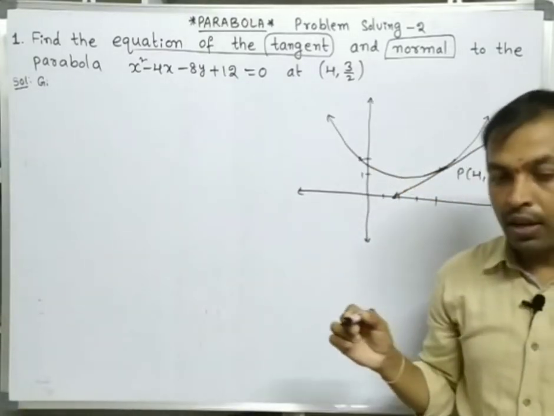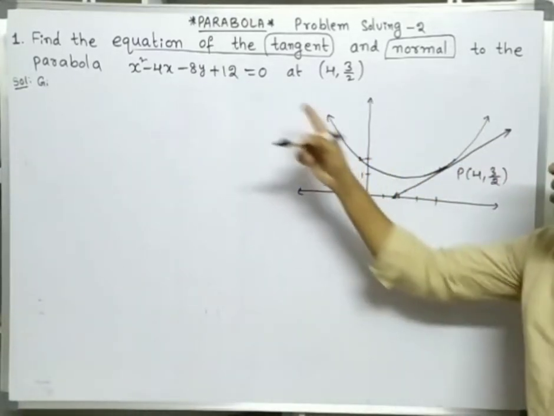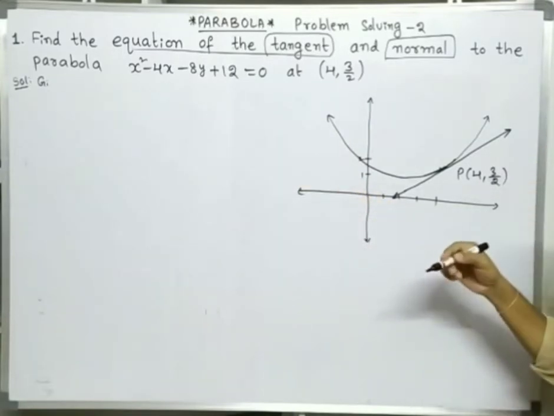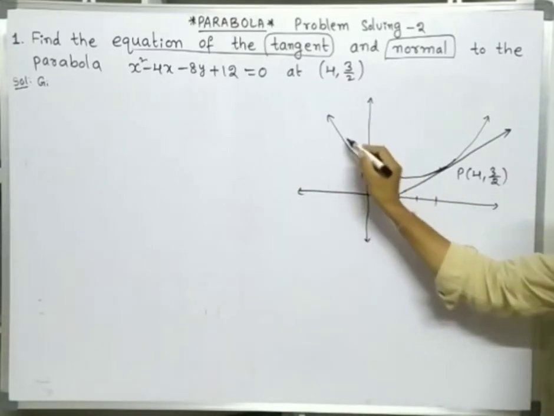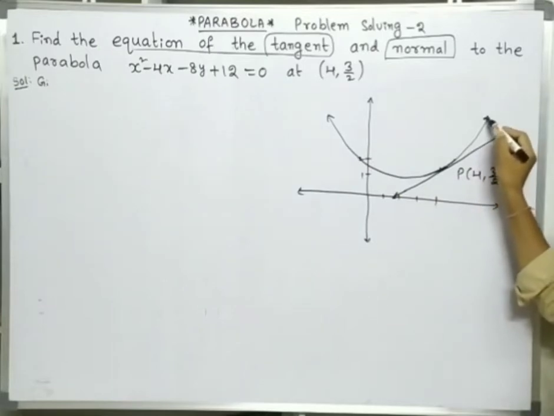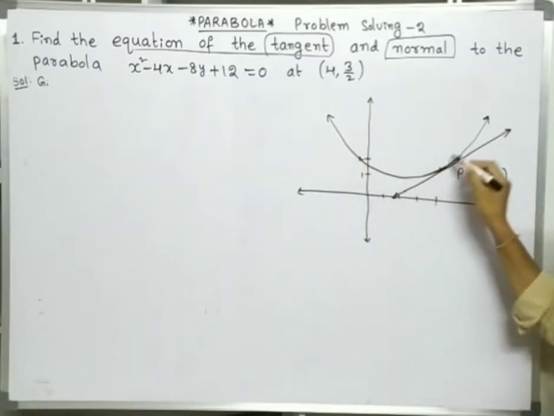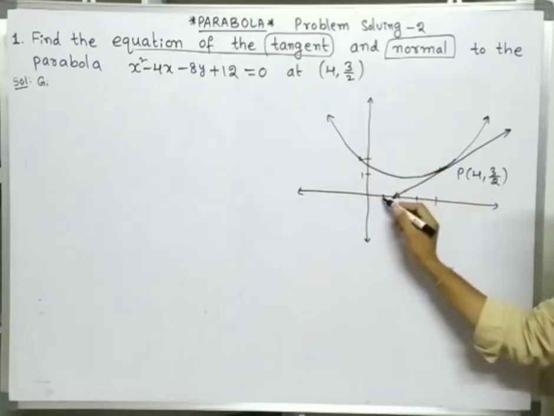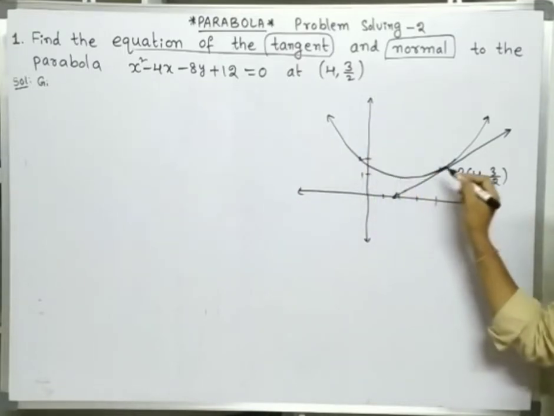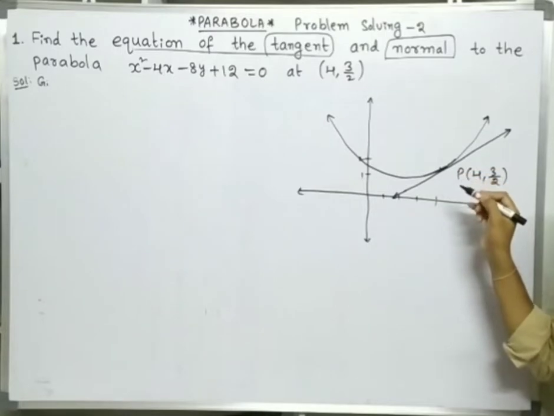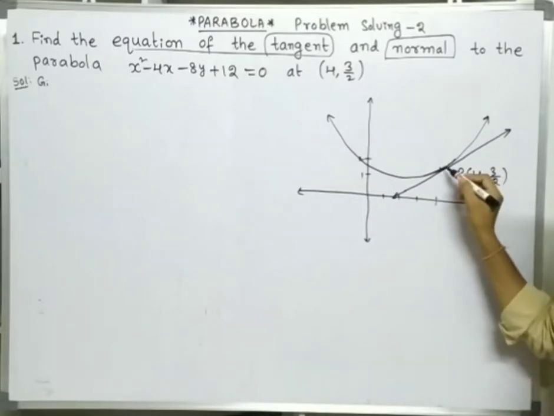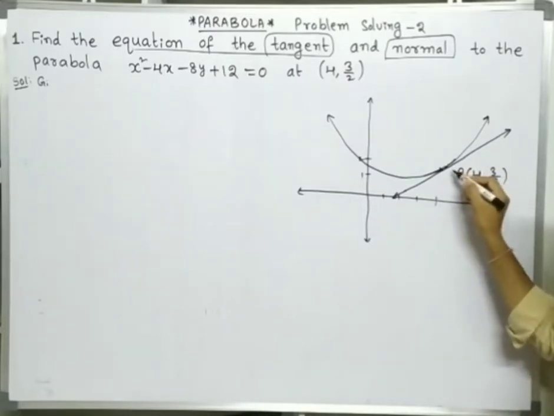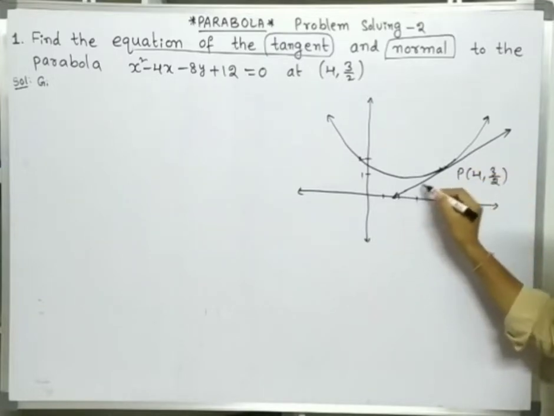If we draw the graph of the given parabola, this is the parabola. Next, 4 comma 3 by 2 is the point: 1, 2, 3, 4 and this is 3 by 2. Otherwise you can draw a rough figure. So this is the point 4 comma 3 by 2, and this is the tangent line.